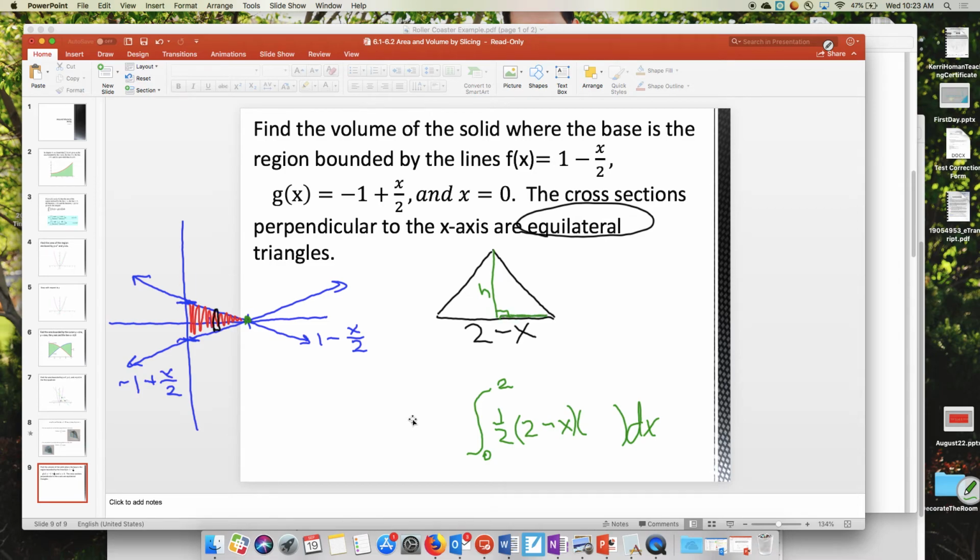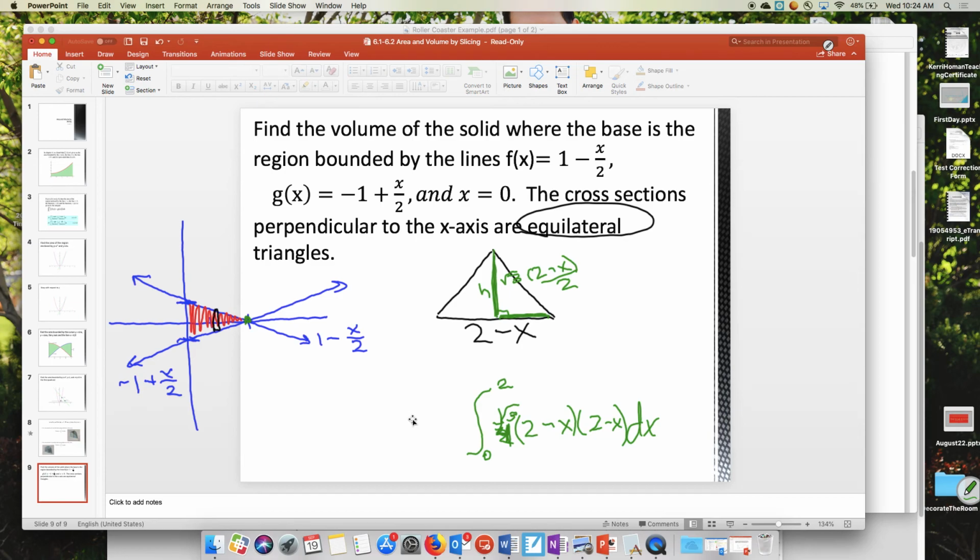Okay, so this is half of our base, right? That's 1/2 of 2 minus x. And then the long leg of a 30, 60, 90 triangle would be radical 3 times our small leg. So this is radical 3 times our short leg, which is the base cut in half. Okay? So your radical 3/4, you're thinking of this right here. If we multiply that to here, we would have the radical 3/4. So 2 minus x times, well, I'm going to just make this radical 3/4. And that's pretty.